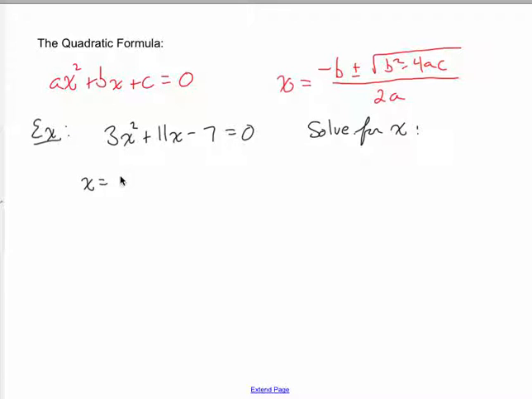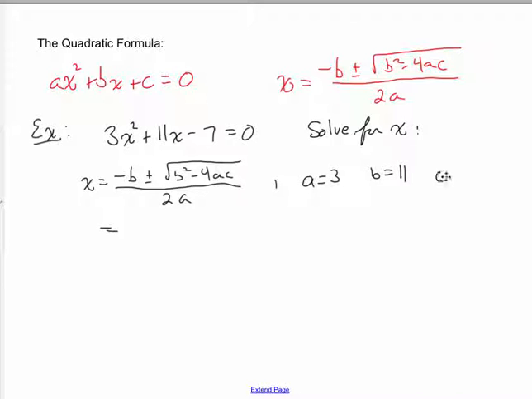So I know that x is equal to negative b plus or minus the square root of b squared minus 4ac all over 2a. Here, in this equation, a is equal to 3, b is equal to 11, and c is equal to -7. So, how easy is this? Plug away.